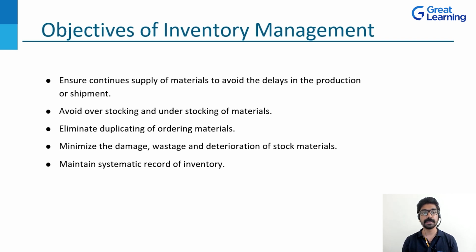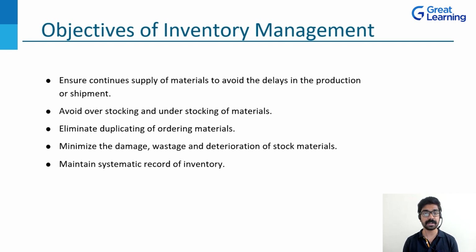The second objective is to avoid overstocking and understocking of materials. We know that whatever inventory we are holding is actually an asset of the company, right? If you are in a manufacturing company, manufacturing shoes or cars or any items, you consider all those things as your assets.